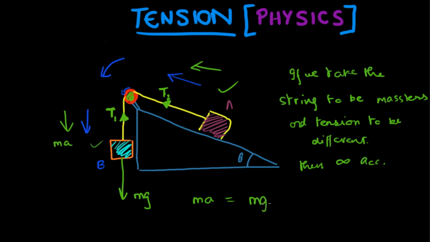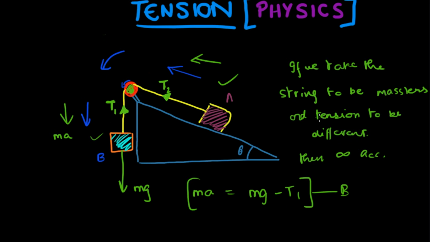So mg minus T1, and this is for object number B. And let's take another color for object number A, and that would be this direction of acceleration. It's going over there, and so T2 is going in this direction. And there's also one force which we forgot, that is mg for A.